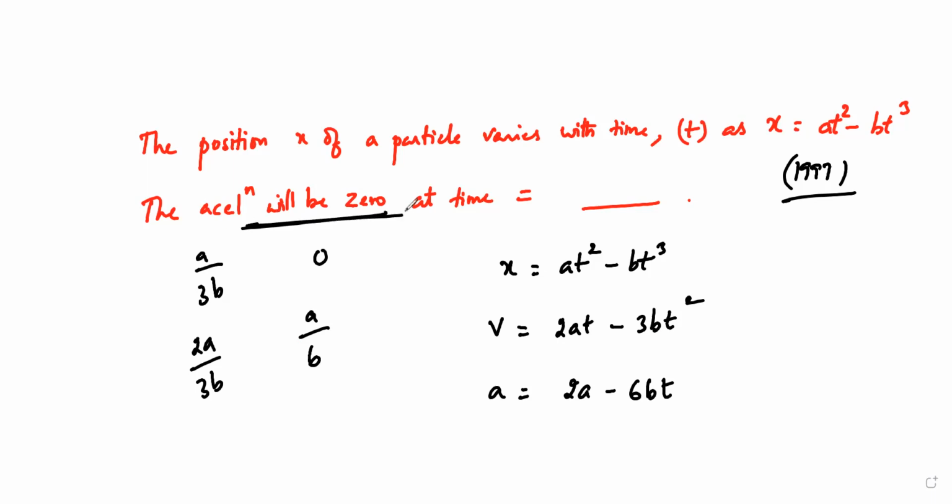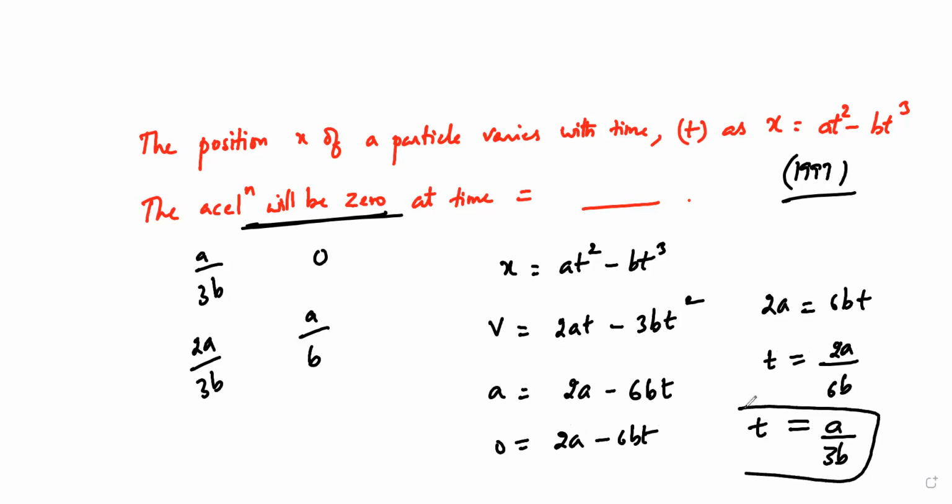Now if acceleration is equal to 0, what will be the time? So 2a minus 6bt equals 0, so 2a will be equal to 6bt. T will be equal to 2a by 6b, that is a by 3b. This is the answer, sir.